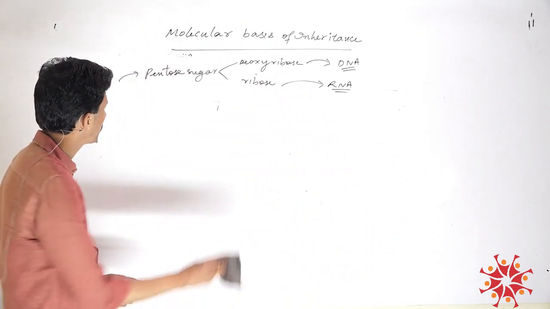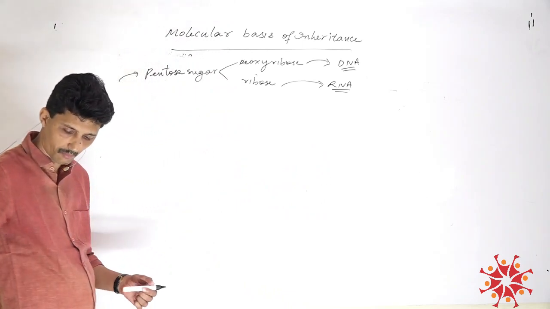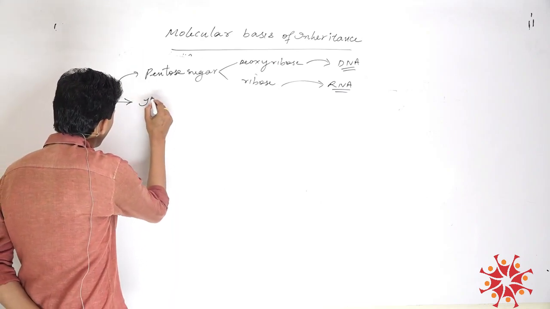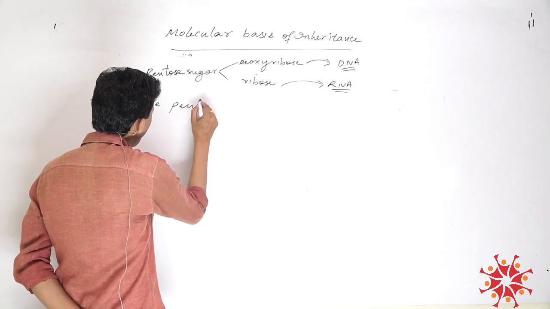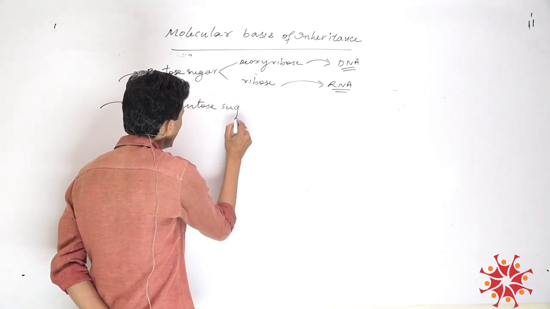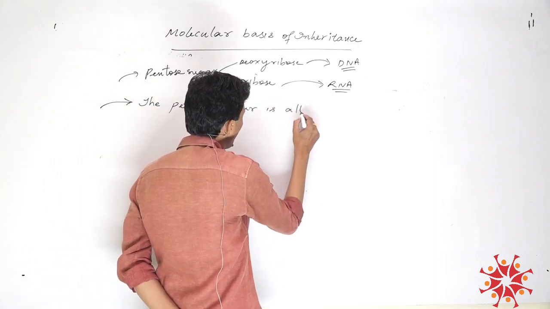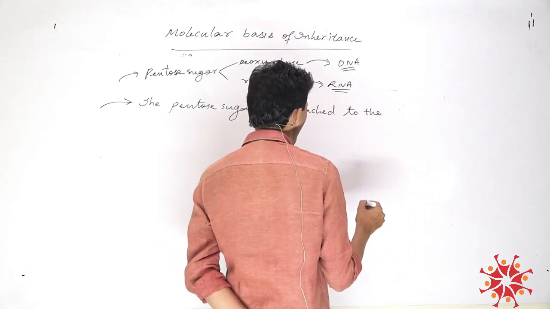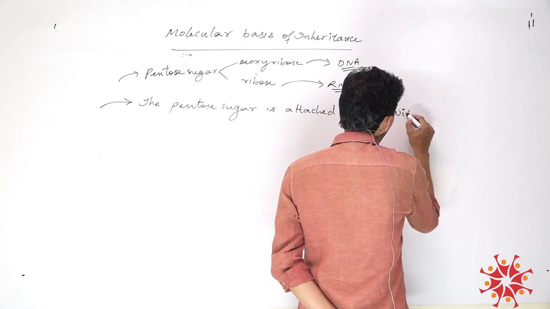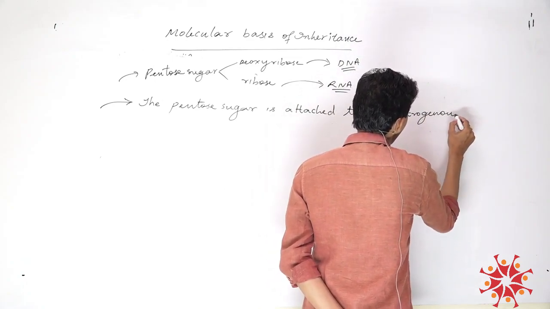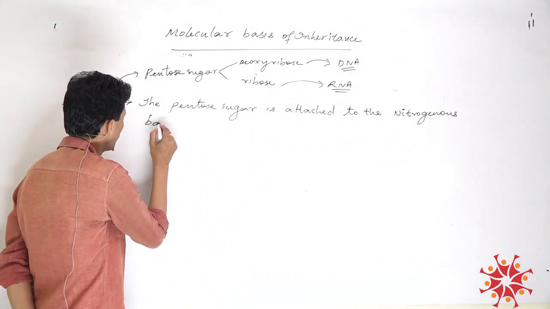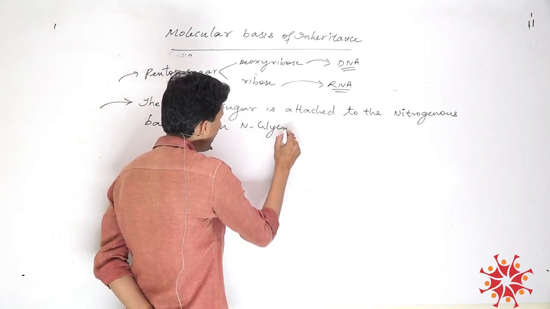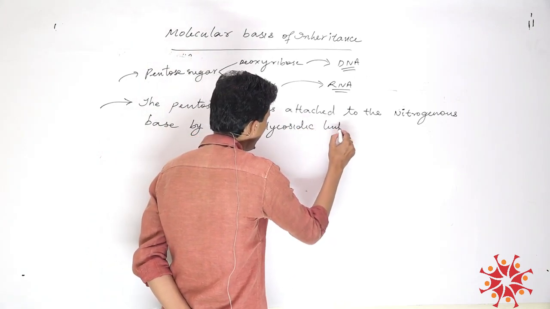Now you'll find that the pentose sugar is attached to the nitrogenous base by an N-glycosidic linkage.